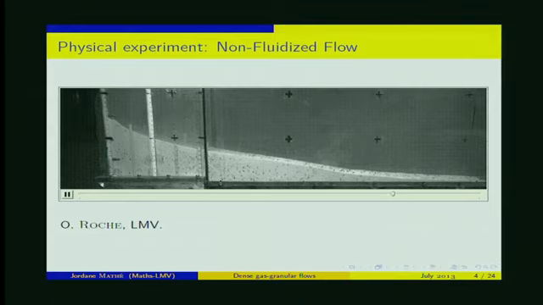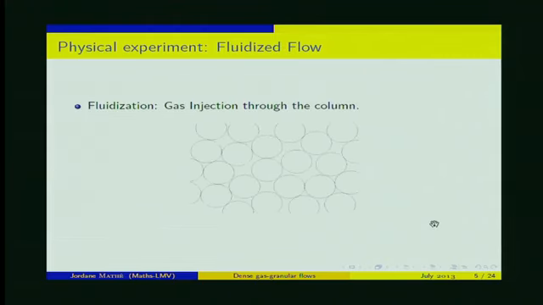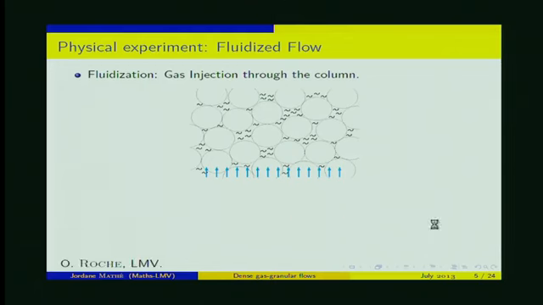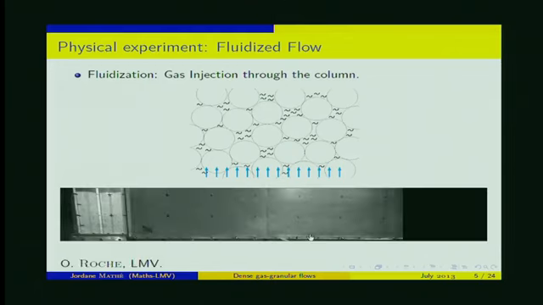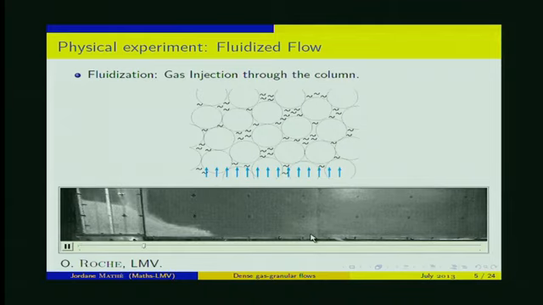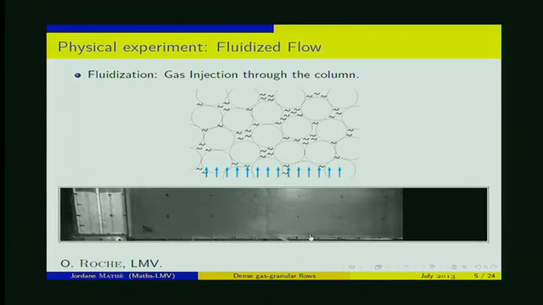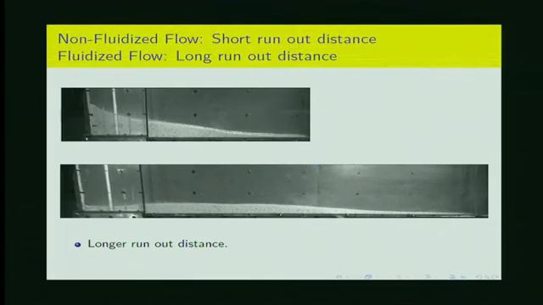And if you do the same experiment with a column which has been fluidized initially, that means that you inject some gas through the column, then the result is that one. So that could be a good reason to explain the long run distance.